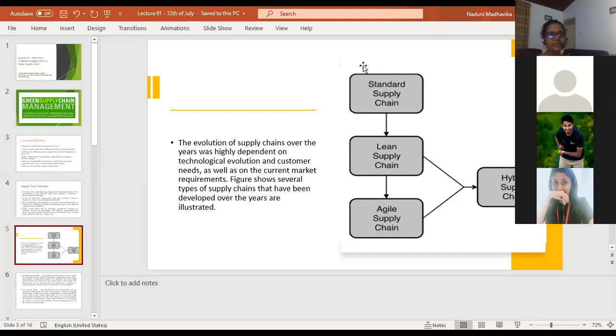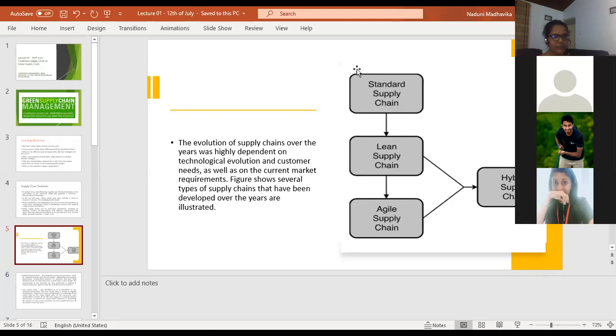The standard supply chain is where production is limited to standardized products, with no customization involved. In that case, we call it a standard supply chain.